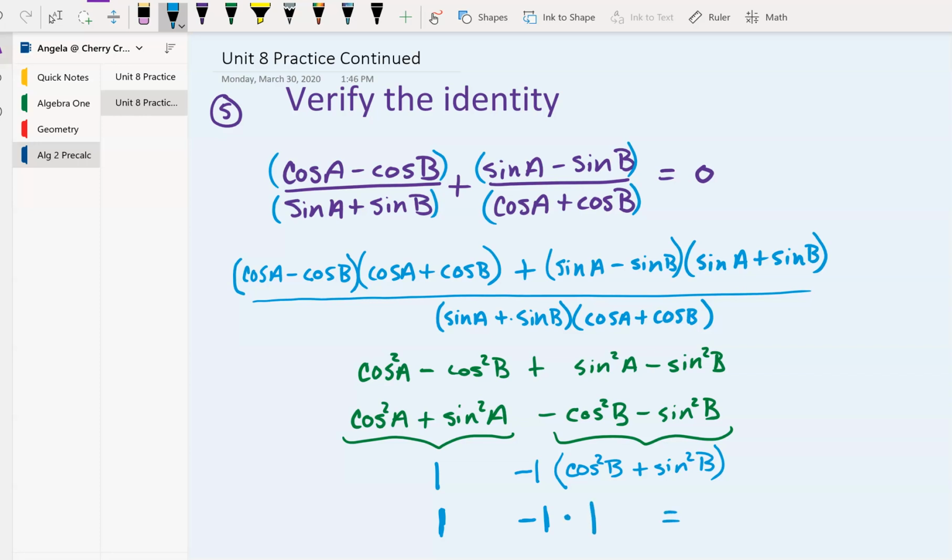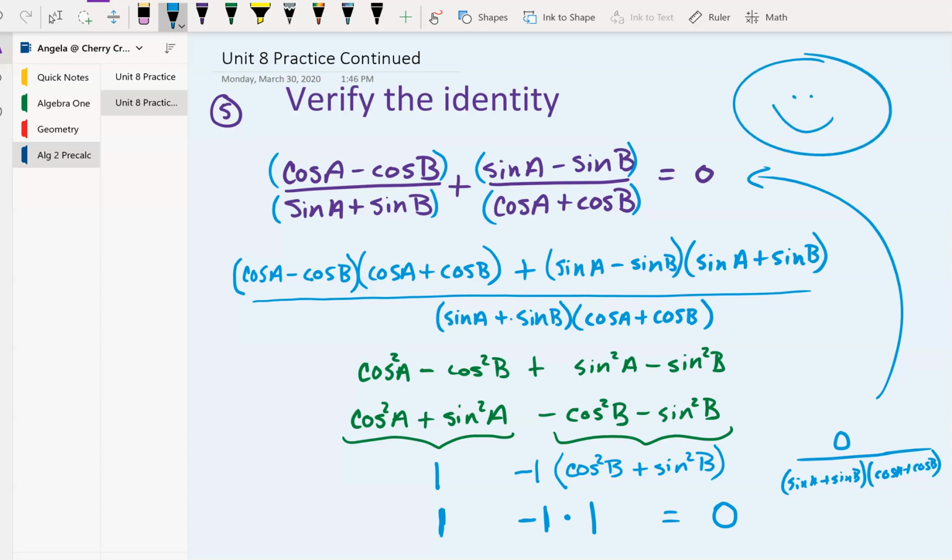So it looks like I'm going to get an answer of 0, which is handy because if my fraction turns out to be 0 divided by anything, in this case sine A plus sine B times cosine A plus cosine B, it wouldn't matter what it was. This entire value is actually going to be equal to 0. So I hope you saw that and worked through that okay. That's a pretty good one.